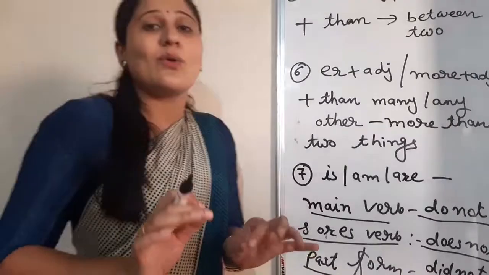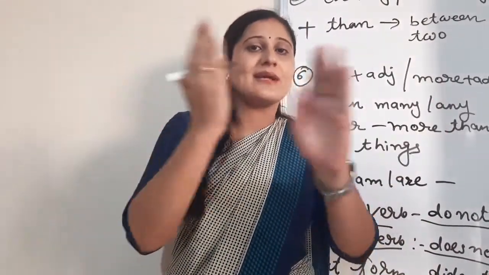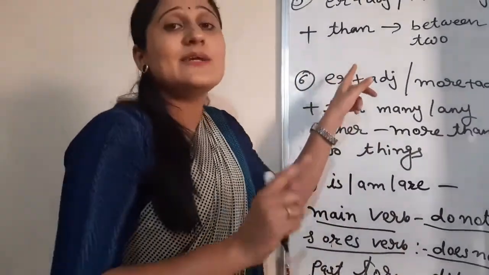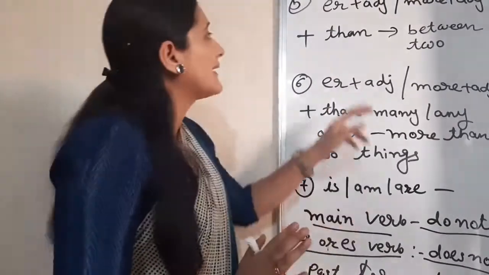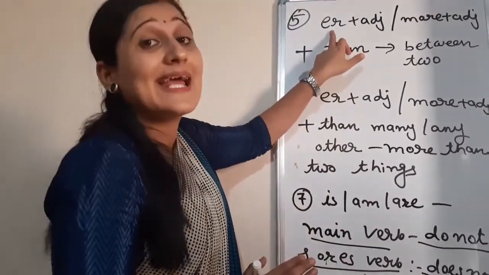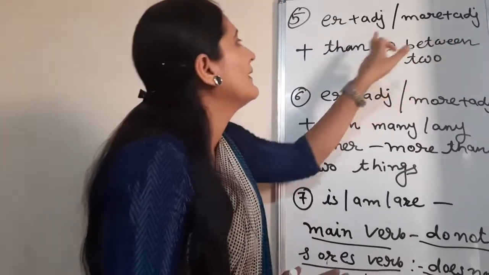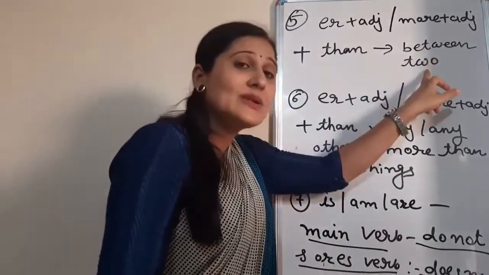Let me revise all the rules. Exchange the subject. Two subjects will be given. Exchange the subject. Second thing, delete so adjective as, delete as adjective as, right? And then you need to remember to add er plus adjective or more plus adjective, plus then if comparison between two things.